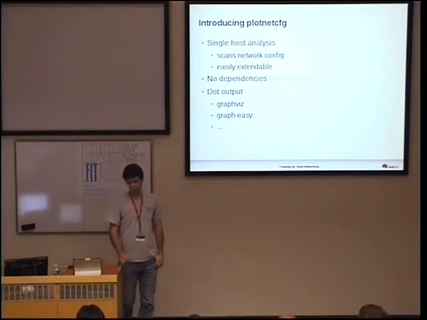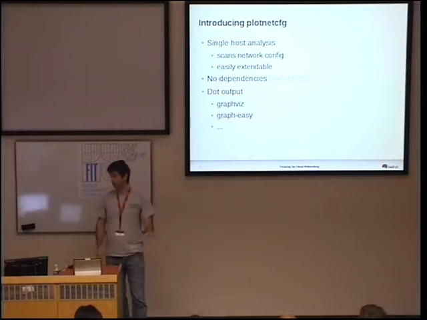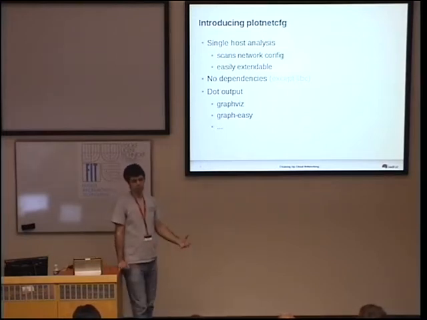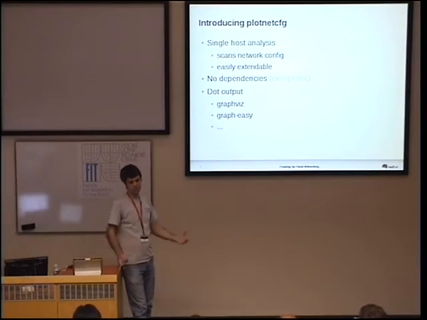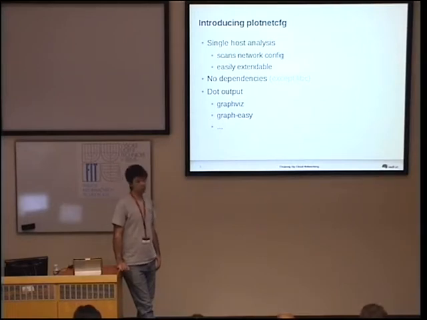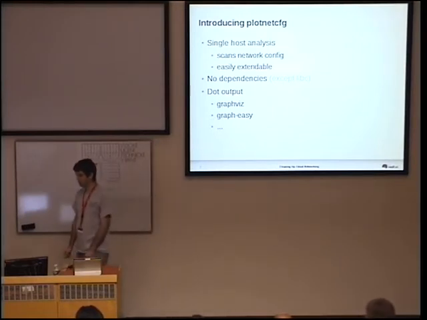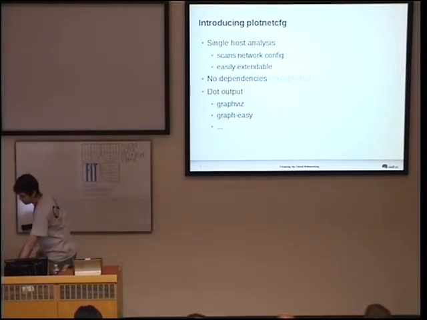It has no dependencies or almost no dependencies, so you can just grab the binary, SCP it to the target machine, and run it. It outputs a dot file to standard output, which is a language understood by several different programs like Graphviz and so on. And the result is, hopefully, a nice looking graph.